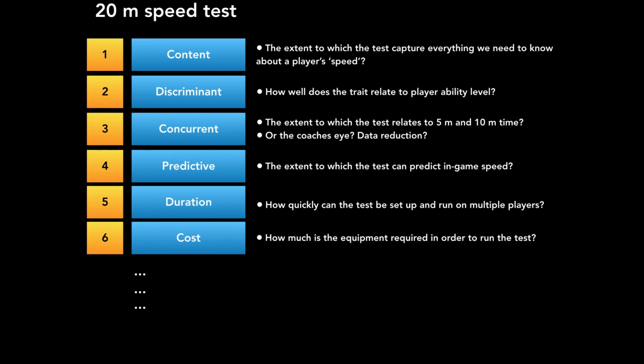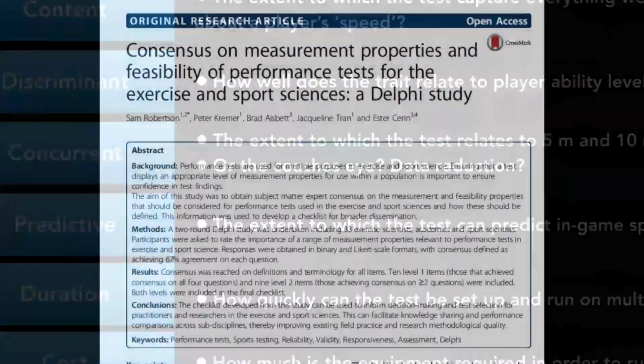Then for some of the feasibility items, you might consider how long it takes to run that test and how quickly you can set it up when working in the field. And even things like cost: if you're working not at the high performance level but at community level, how much equipment costs when undertaking that test is another consideration you might look to ask.